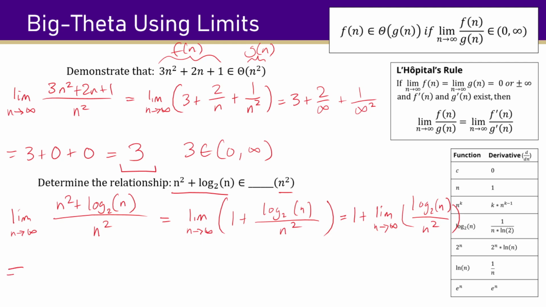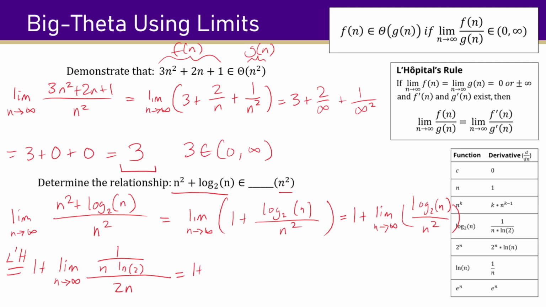So we can apply L'Hopital's rule and take the derivative of the top and the bottom separately. So the derivative of the top is going to give us 1 over n times ln of 2, that whole thing divided by the derivative of the bottom, which is going to be 2n.